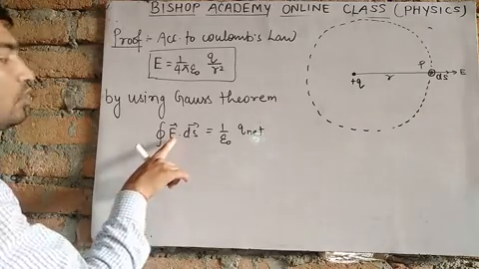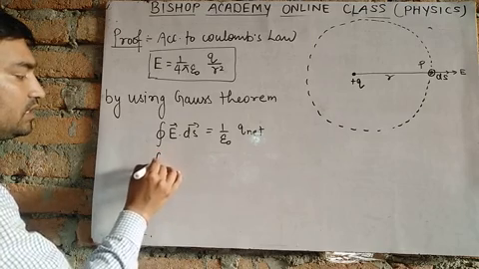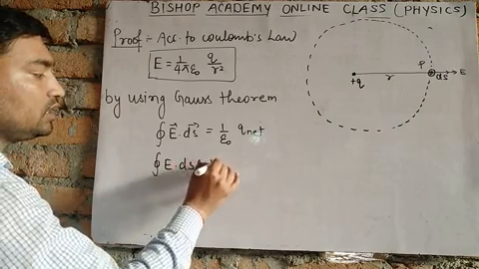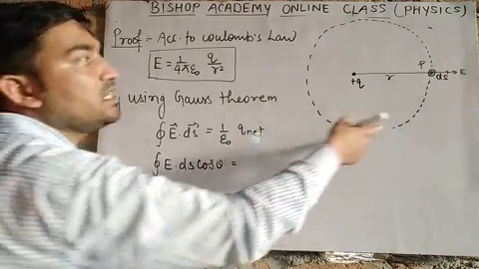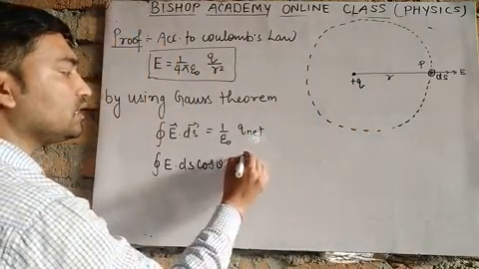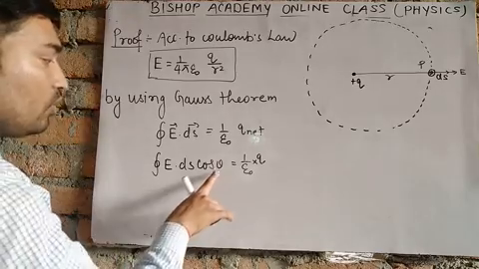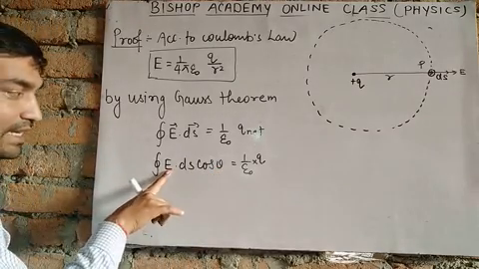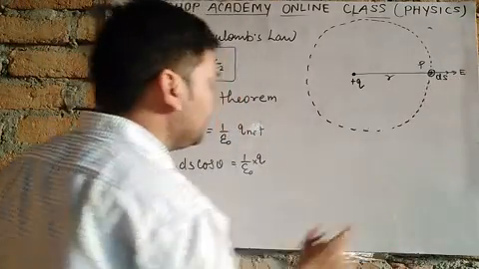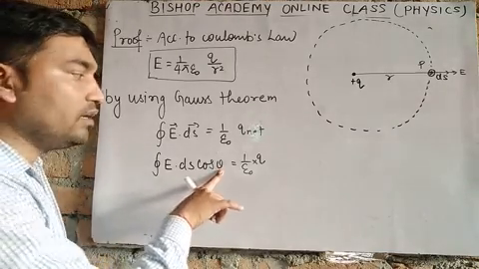Now we break E dot ds into the form E ds cos theta, and the net charge enclosed within that Gaussian surface is only one, a single charge Q, so the net charge is Q. Now this theta is the angle between E and ds, and as we decided, the angle between E and ds is 0 degrees, so cos 0 is equal to 1.